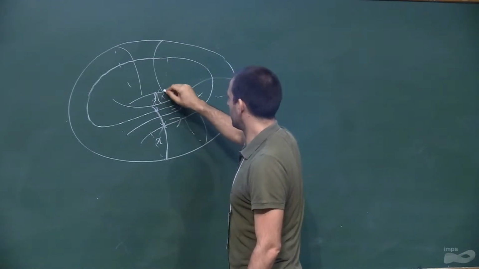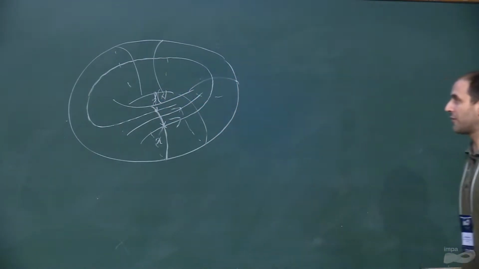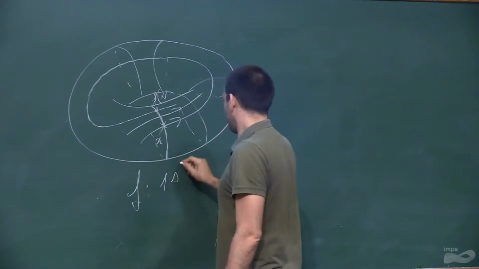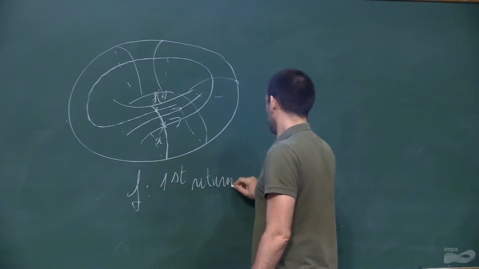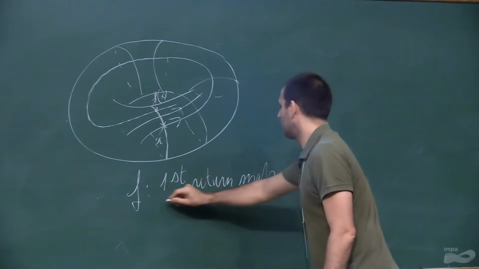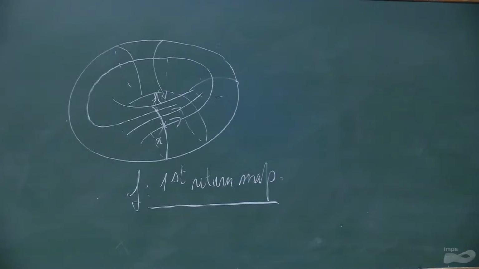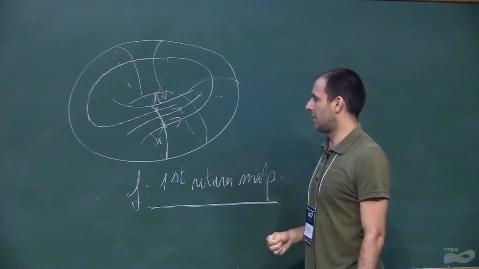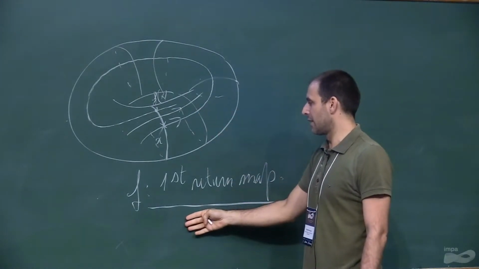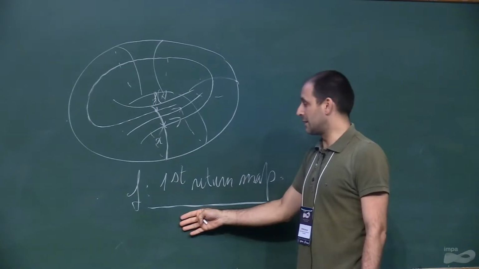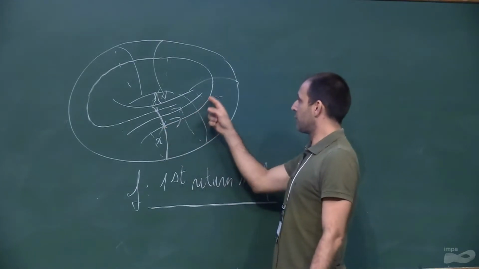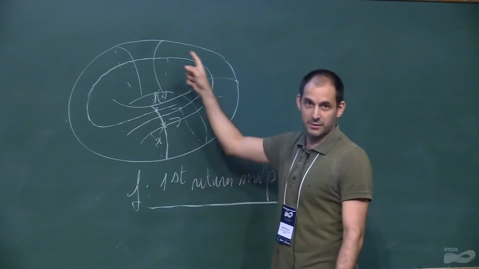The first time you return to the given transversal, you get a diffeomorphism F, the first return map. It is a diffeomorphism of the circle. And so you see that the theory of differential equations on surfaces is extremely related to the theory of iteration of diffeomorphisms, because of course if you continue the trajectory, you will see the iteration of this F.